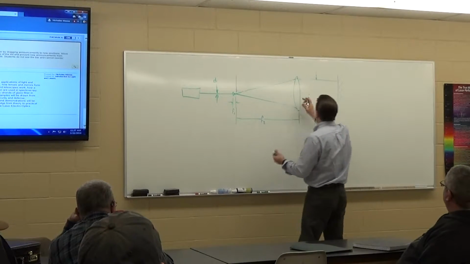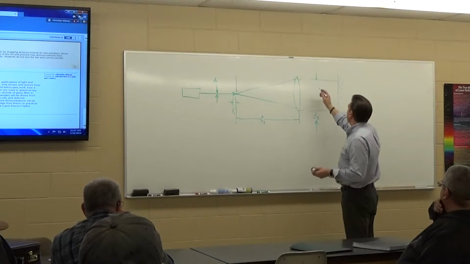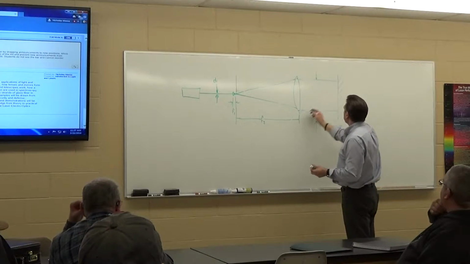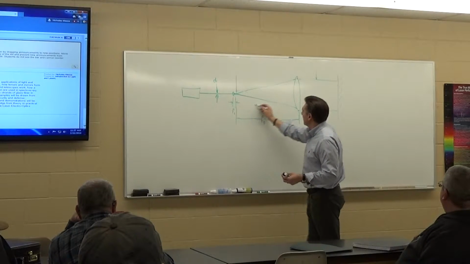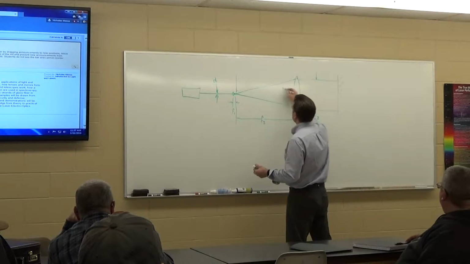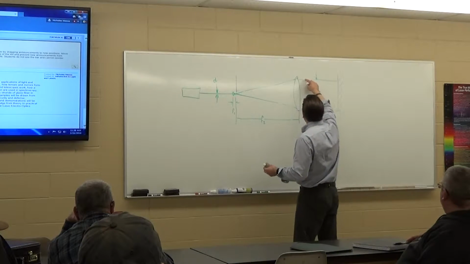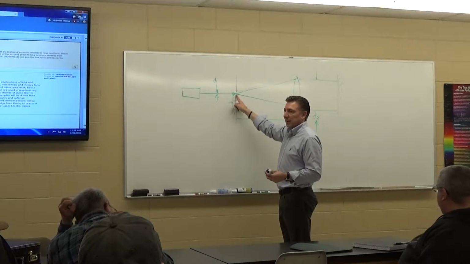In this case, the opposite is true. If this lens is a little bit too far, then your beam is actually going to start converging a little bit, and if it converges, it's going to come to focus at a spot that's not where it's supposed to be. So it's only at that point where these two focal points are perfectly aligned that you get a collimated beam.